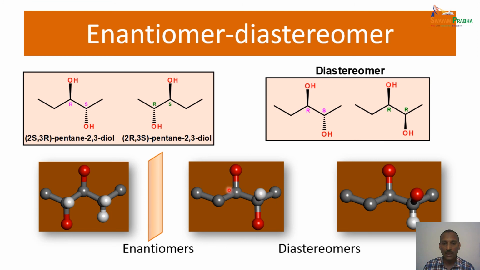Whereas if we replace this hydrogen and this hydrogen, we will again end up with the same enantiomer. So the enantiomer relationship and the diastereomer relationship can be understood by this. For an enantiomer to form, we have to replace hydrogens on different carbons. Here we are replacing one hydrogen with OH on the right hand side. In this one we are doing the same on the left hand side. That means the two carbons are different carbons.